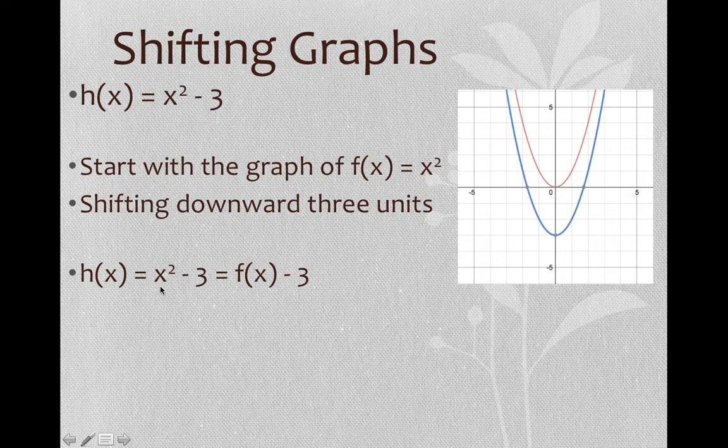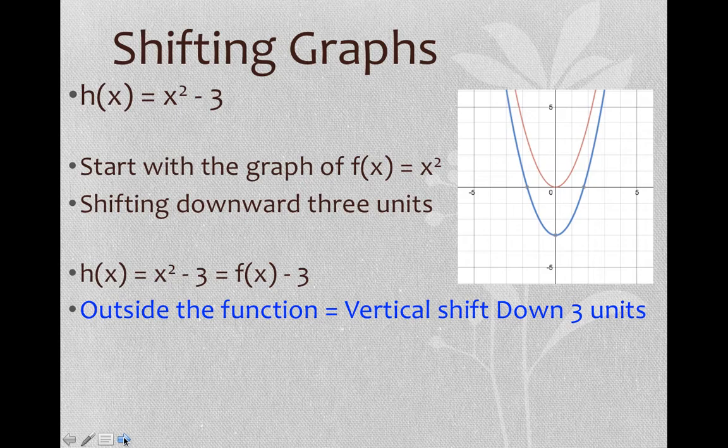So h of x equals x squared minus 3. If you want to write this in general form, it would be any function f of x minus 3. Since we have a negative 3 being added on the outside of the function, it's going to be a vertical shift. Outside the function affects the function vertically, and this is going to shift down 3 units.